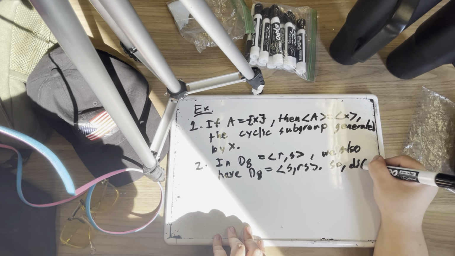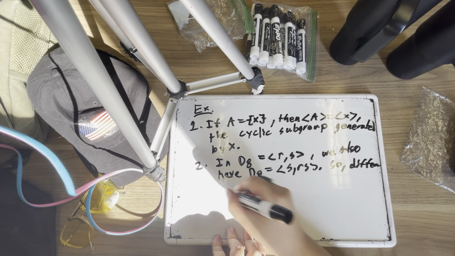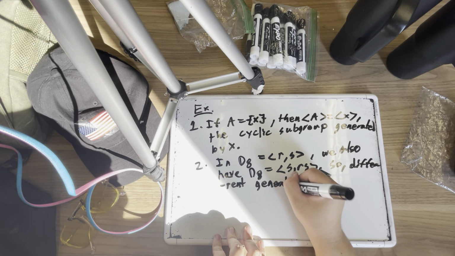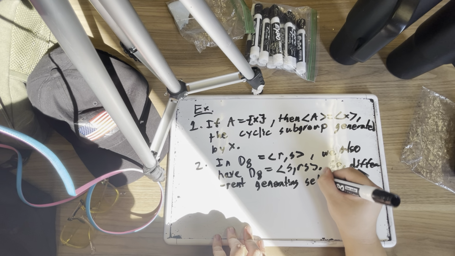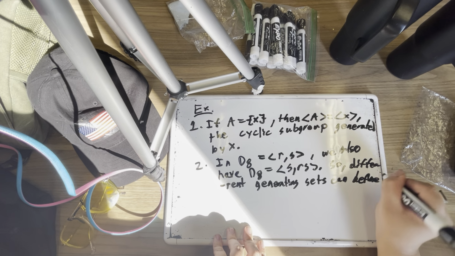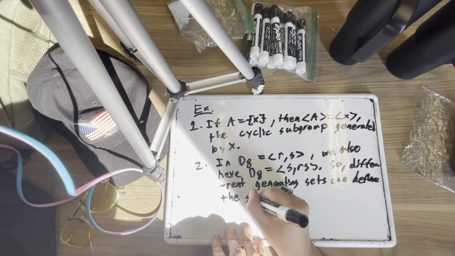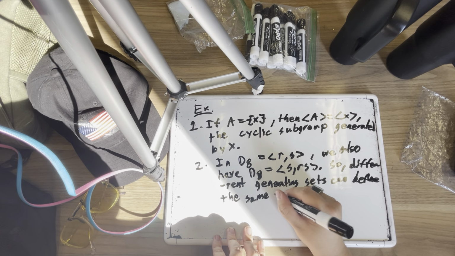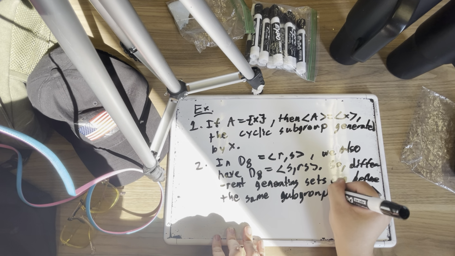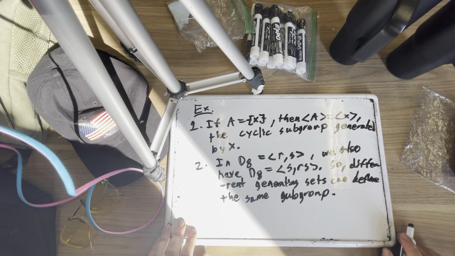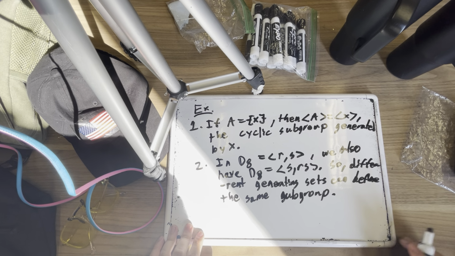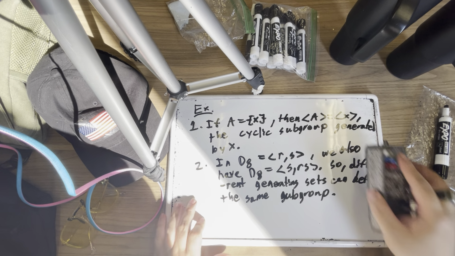So different generating sets can define the same subgroup. Okay? So different generating sets can define the same subgroup, of course, but let's get into another example here.